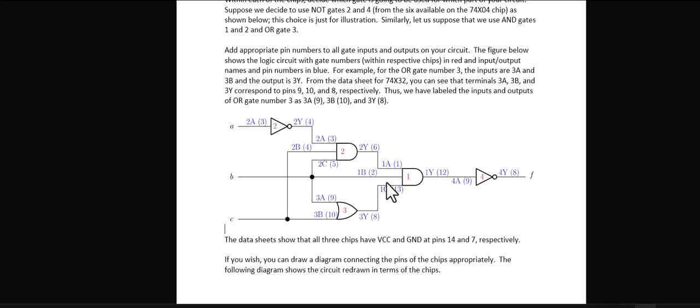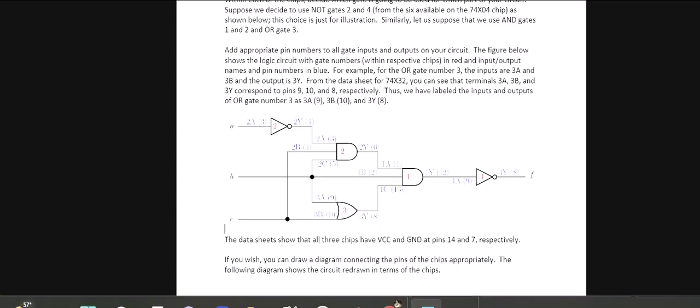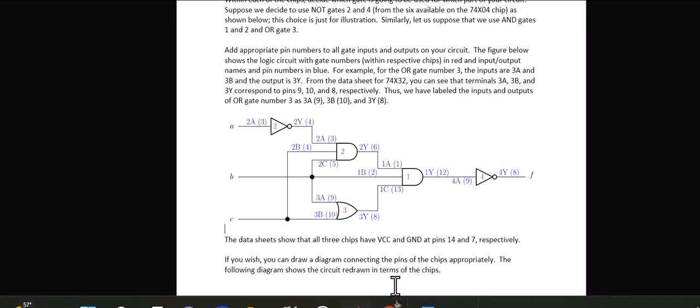Okay, so I want to label which gates I'm using from the chips. So I go back to my circuit.